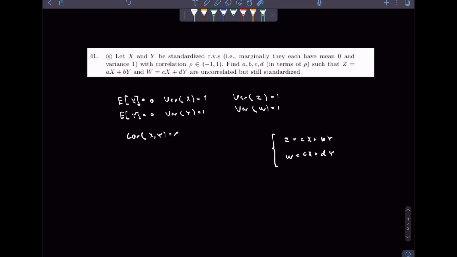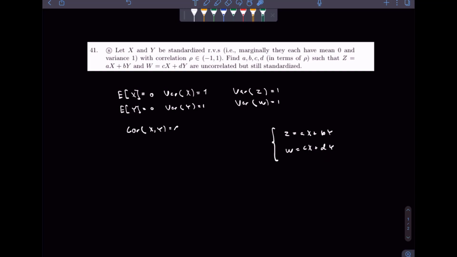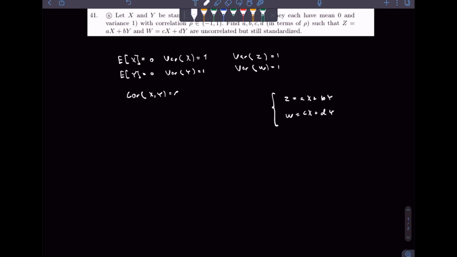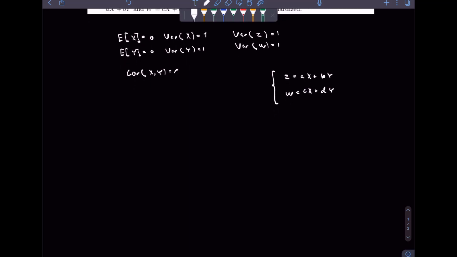So we have 4 unknowns here, a, b, c, d, but we have only two equations to figure out what these 4 parameters are. So we have to set one or two of them freely, and then let the others vary, whatever we will find given those constraints.